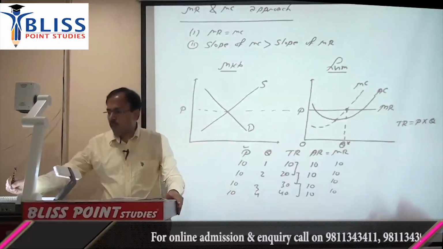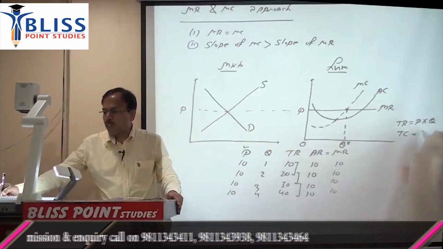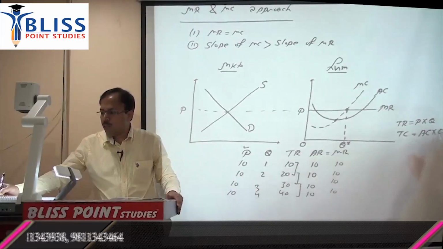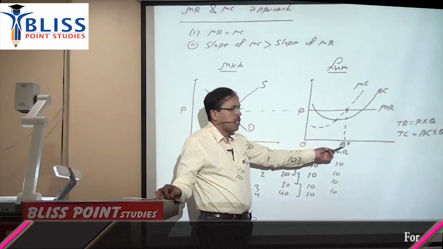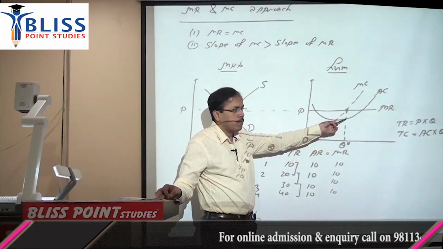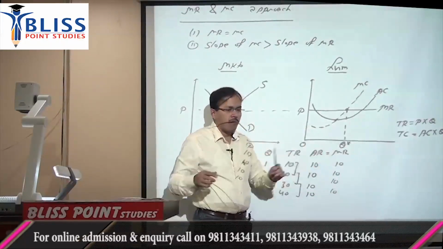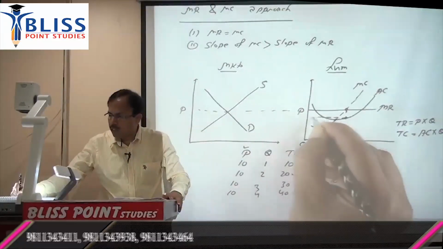Out of that total revenue you have to subtract what? Total cost. But how to find total cost now? It is per unit cost multiplied by quantity. So how much is the quantity produced? Q star. For that quantity average cost will be this distance. So this distance multiplied by this, you will get the area of this rectangle.